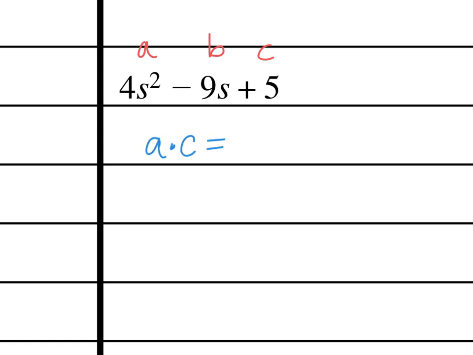So you are multiplying 4 and 5. So AC is 20. We need two numbers that multiply to 20, but add up to what? Negative 9. Because we're going to have to split up the b term.